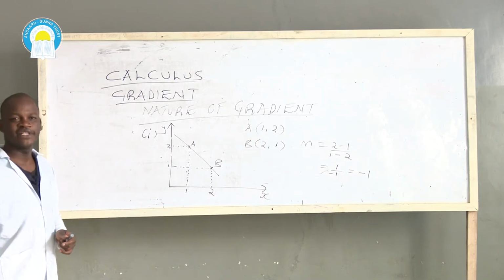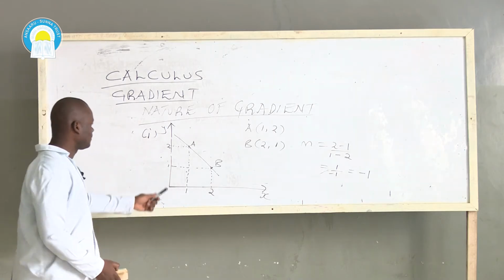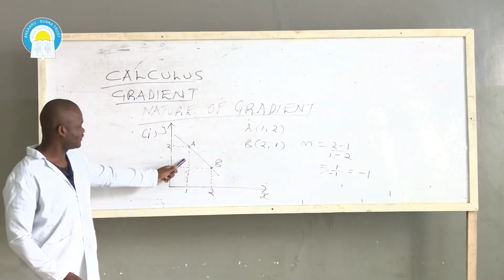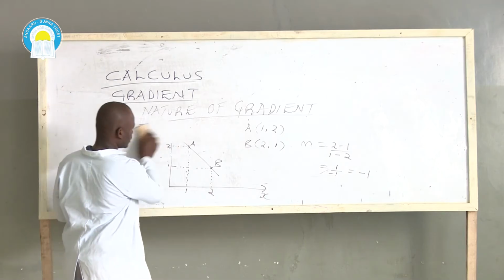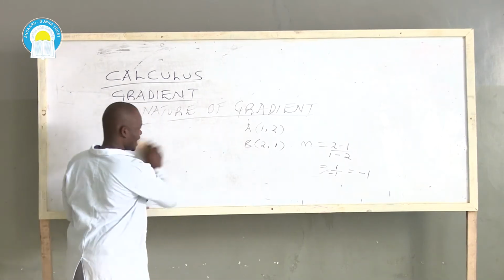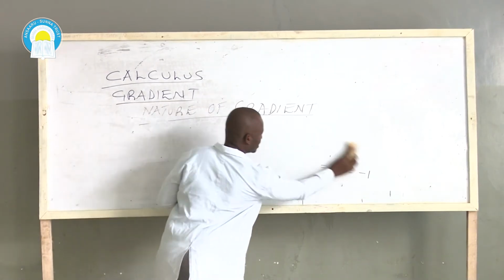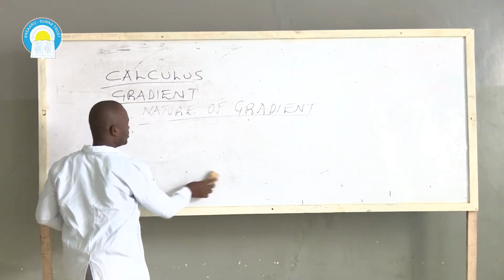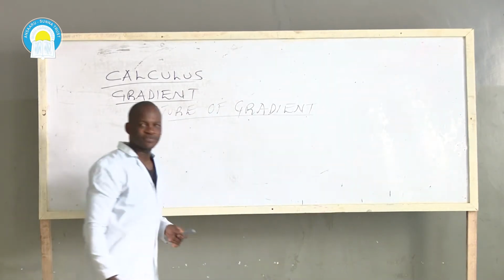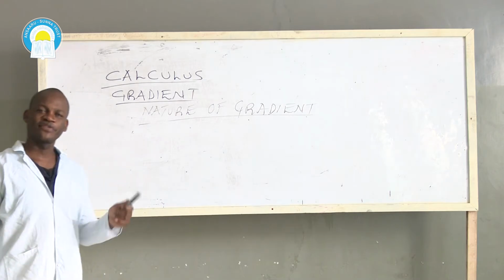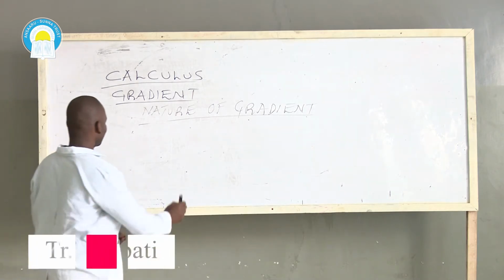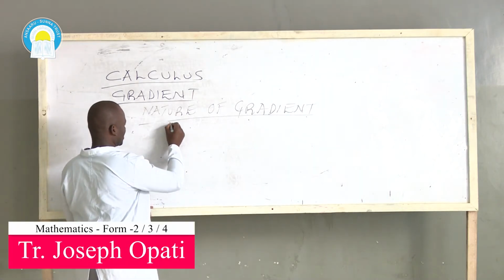We discuss nature number 2, which will actually be the reverse of this. A line with a positive gradient. Now, which kind of line is that? A line with a positive gradient will have this inclination.